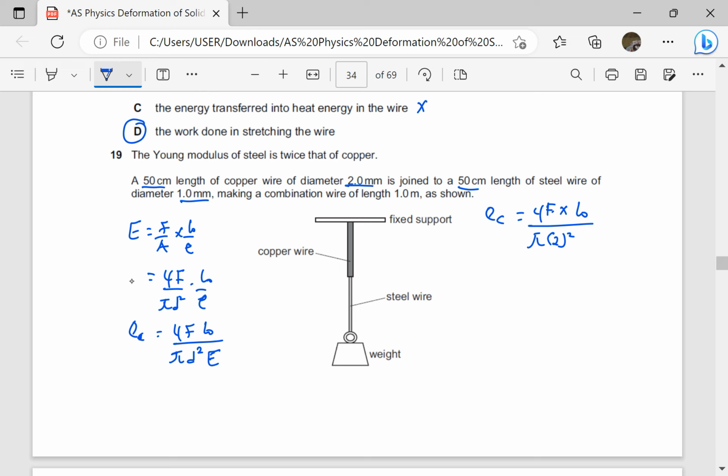Then Young modulus of steel is twice that of copper, so let that for copper be E. Then extension for steel is going to be equal to 4F times original length, which is L naught over pi. The diameter of steel is 1 millimeter, so I'll just put 1 squared. The Young modulus of steel is twice that of copper, so that is twice E.